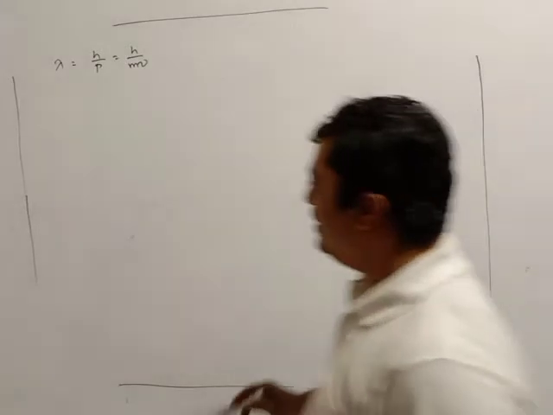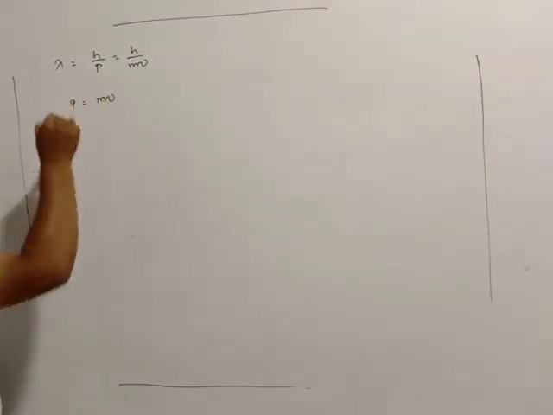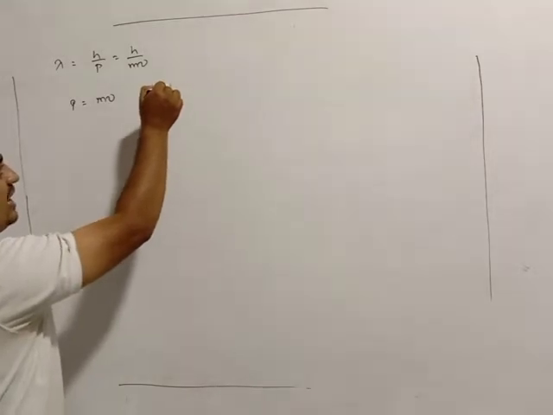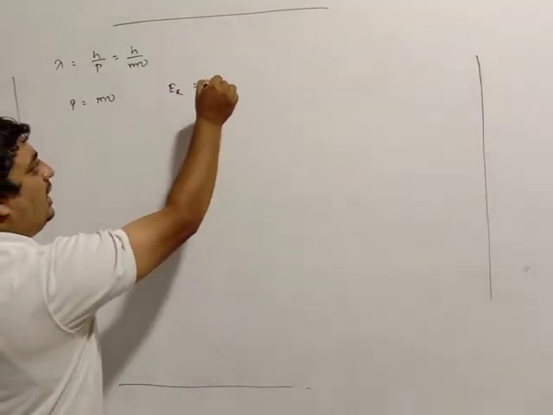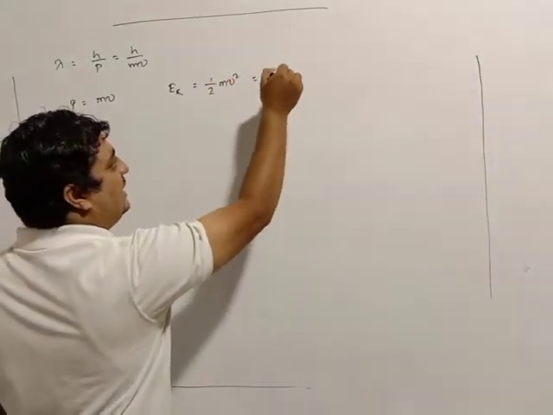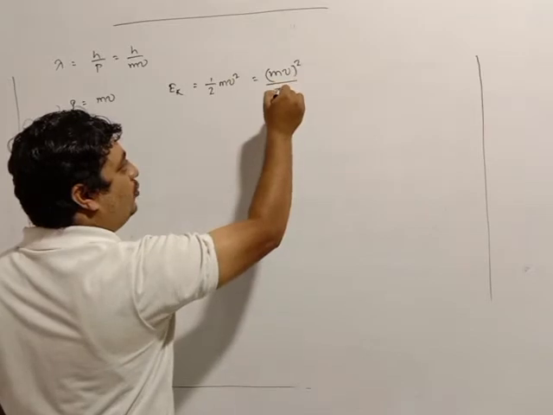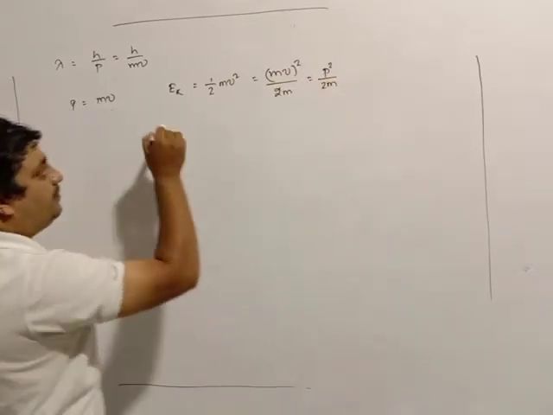Now, momentum p equal to mass into velocity. If kinetic energy is Ek, it is equal to half mv square. We can write it as m squared v squared by 2m. So it is equal to p square by 2m.